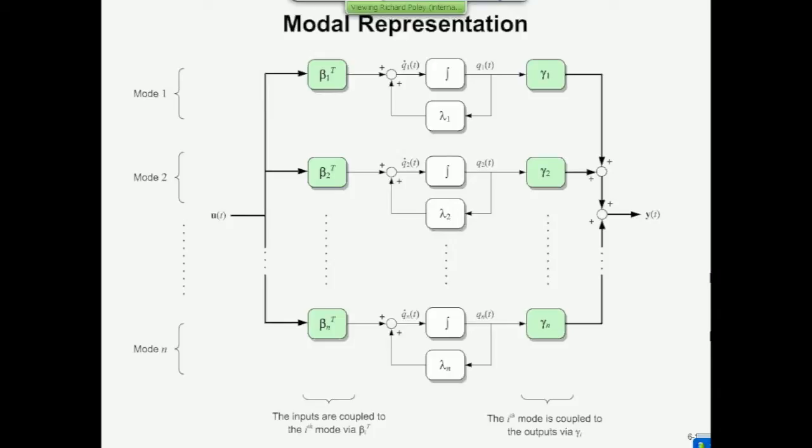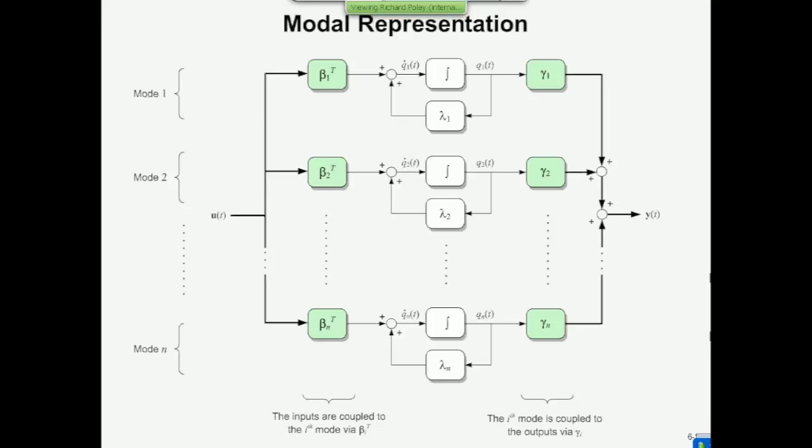The coupling between the ith state and all the inputs is determined by the corresponding row of the modal input matrix. And the coupling between the ith state and all the outputs is determined by the ith column of the modal output matrix. So you've got a very clear visualization of how all the inputs affect one mode and how the mode affects all the outputs. It's very obvious in this representation how that happens.